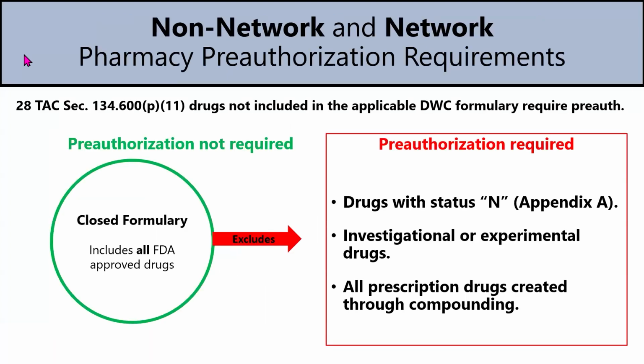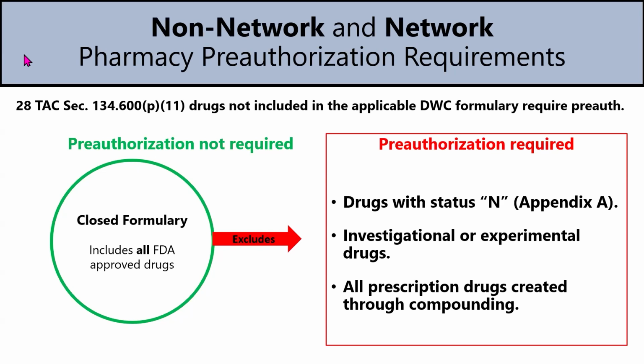And to talk more carefully about the pharmacy pre-authorization requirements and how the pharmacy formulary works, you'll see that in the list P1 through 12, it's number 11 in the list, drugs not included in the formulary. So our formulary for both network and non-network is all FDA approved drugs are in our closed formulary. The ones that come out are exceptions and need to have pre-authorization.